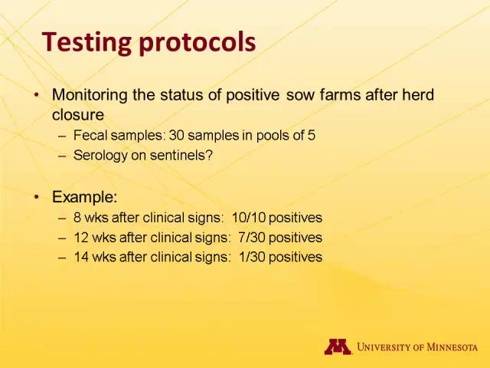Those samples here are with CT values between 20 and 30. So we think if we had pooled these samples in pools of 5, we would still have picked it up. But this is an ongoing effort in trying to figure out the best way to pick up the virus, if it's still circulating, in these previously positive farms.